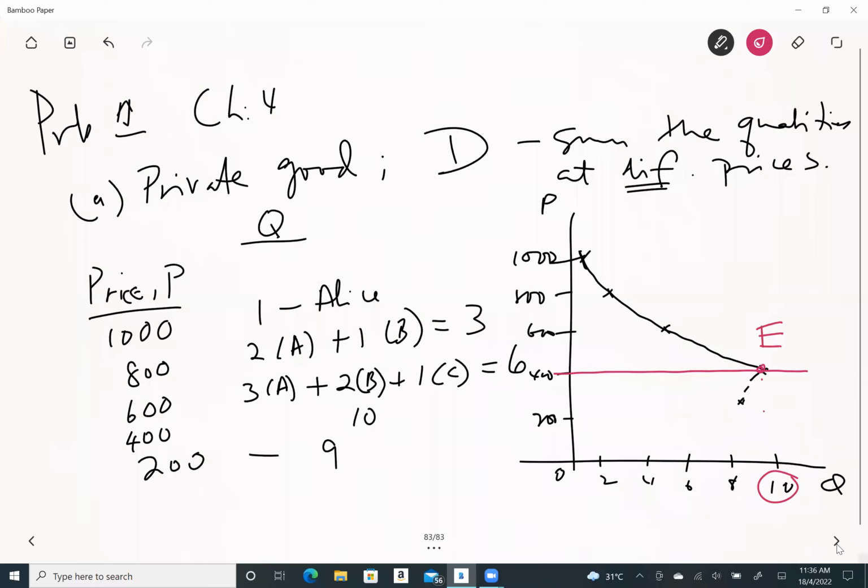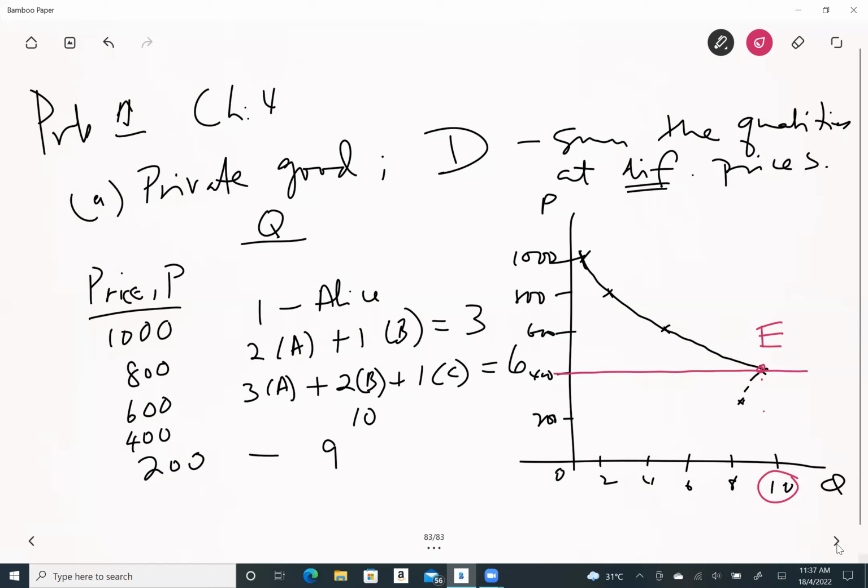If the good or service is a private good, then the quantity demanded at 400. We are not talking about equilibrium. I'm sorry. That question doesn't talk about equilibrium.